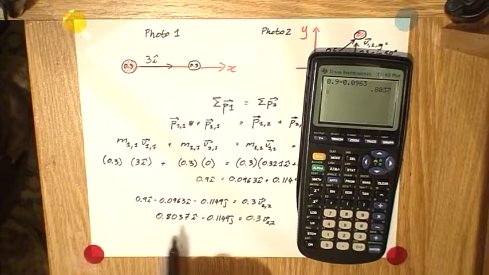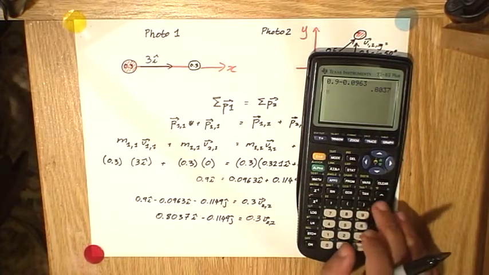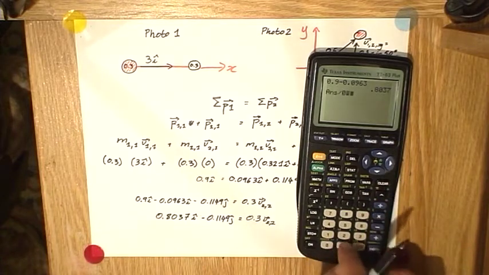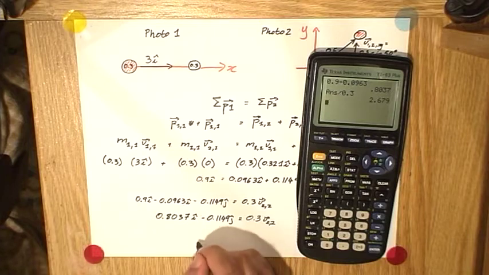Finally, we can divide both sides by 0.3. So 0.8037 divided by 0.3 gives us 2.679.